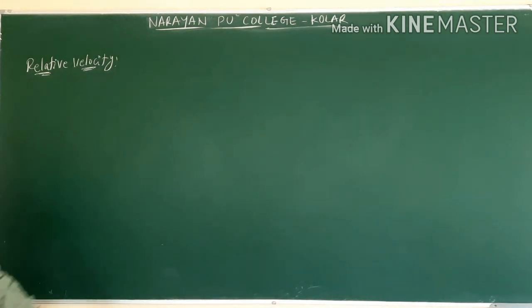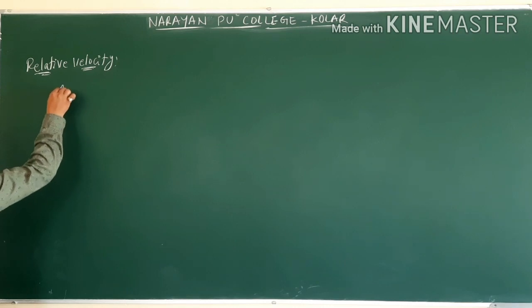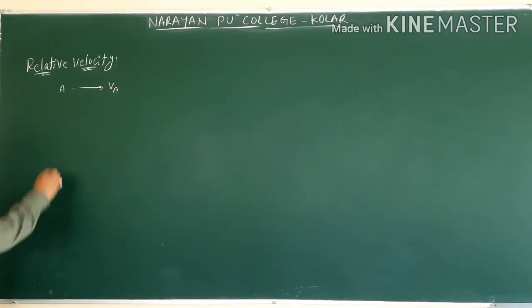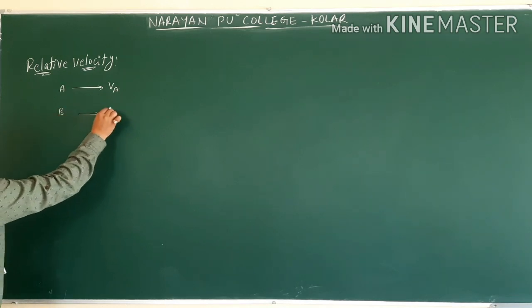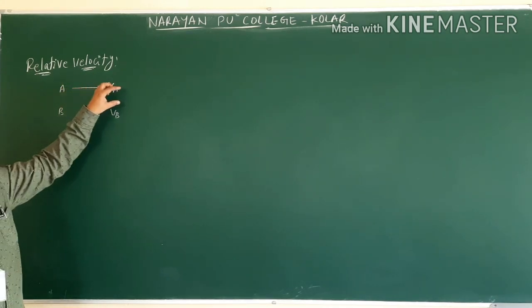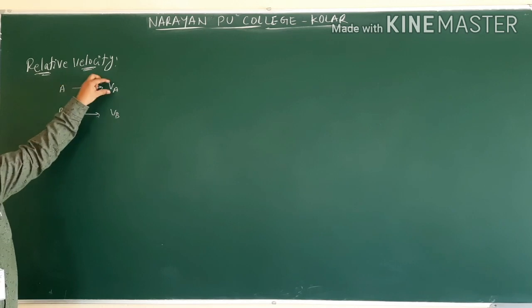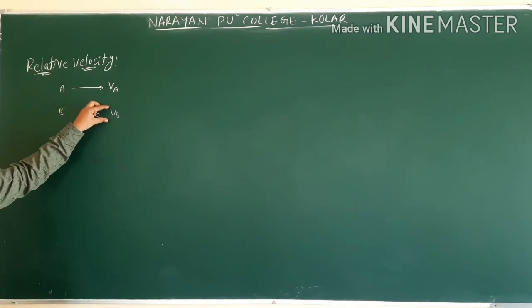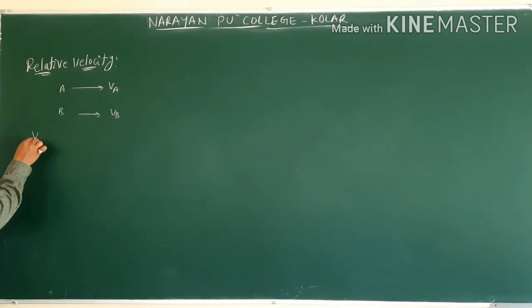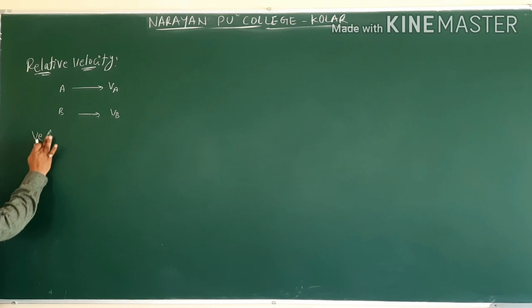How it is going to define? We will see. Two objects are moving. A is moving with velocity VA. B is moving with velocity VB. How those are moving means both are moving in the same direction. Then velocity of A is VA, velocity of B is VB. Then how relative velocity of A with respect to B is defined.